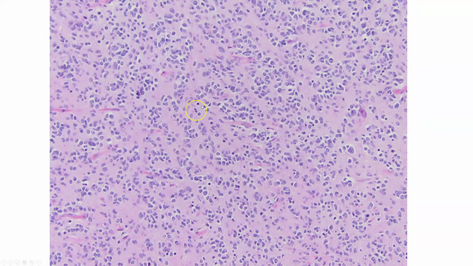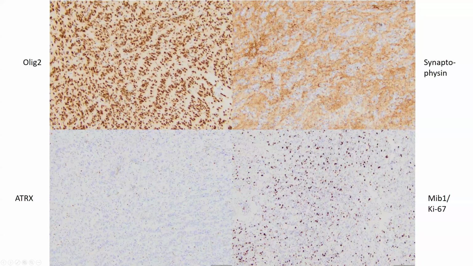Mitotic activity can be found in these tumors, which really led us to believe that this could be a high-grade tumor. That was also supported by the fact that it had an intermediate to high Ki-67 proliferation index.